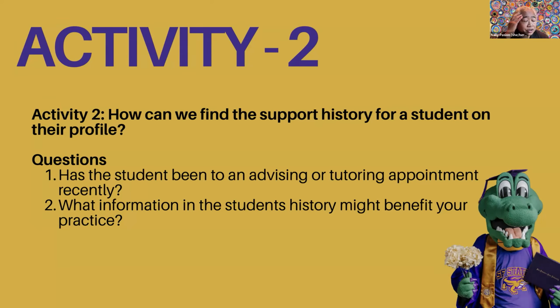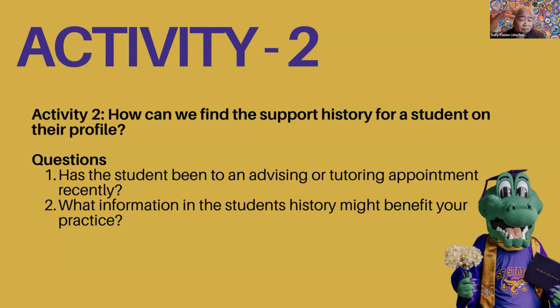So I'm just going to share. I looked up a student in my class, and it's a little heartbreaking. What I saw was a whole bunch of TASK appointments that were canceled and they didn't show up. I mean, it's a list of 10 appointments that they didn't show up for.